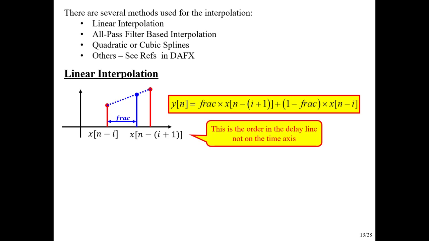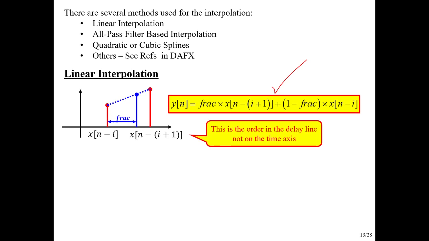And what we want is the value here that is frac away from the I delayed sample. And to get an approximate to that value, I'm just going to draw a straight line between the two values that I have and go over frac and say what's on that line. And that's the value that I'm going to take. And I think you can convince yourself that that is the right equation for that.